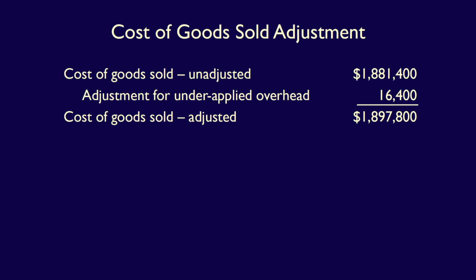The cost of goods sold adjusted at the end of the year would be higher. $1,881,400 plus $16,400 is equal to $1,897,800. Why are we increasing the cost of goods sold? Because we applied too little manufacturing overhead during the year. The increase in cost of goods sold will cause Camilla's gross profit and profit to decrease.